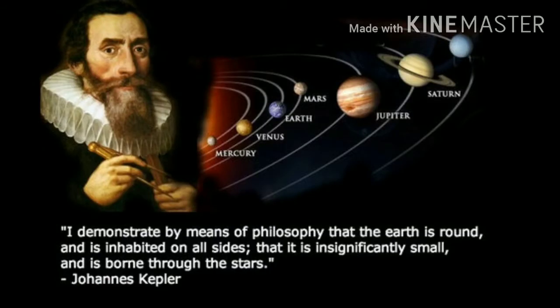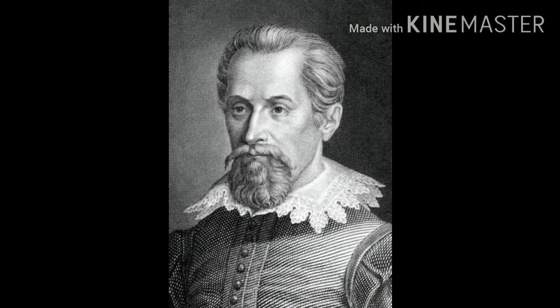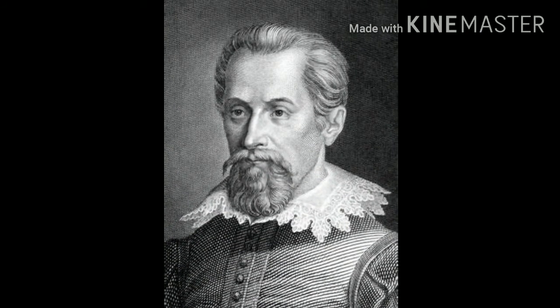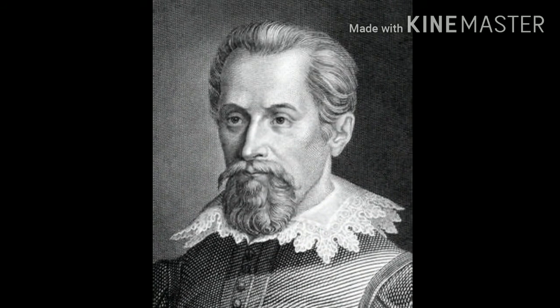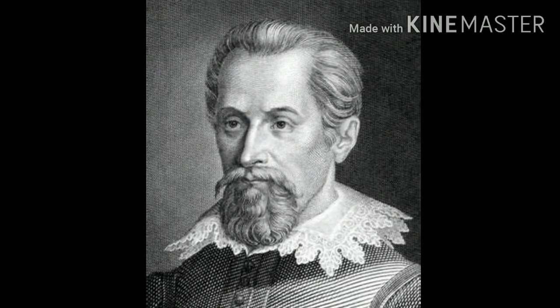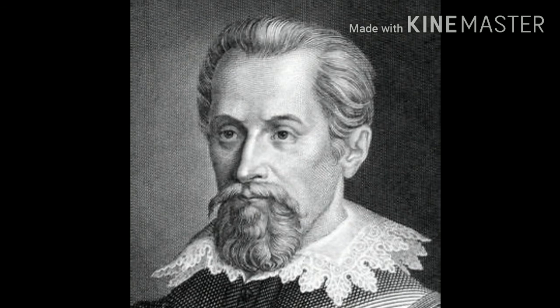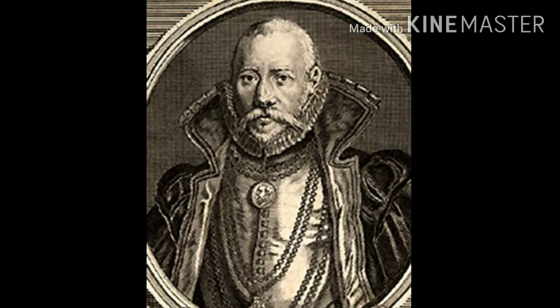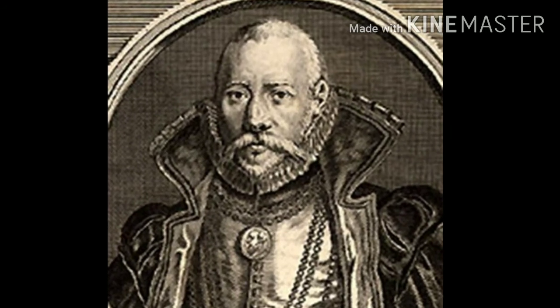Introducing you to the scientist Johannes Kepler. Kepler was a German astronomer and mathematician. He started working as a helper to the famous astronomer Tycho Brahe in Prague in 1600.